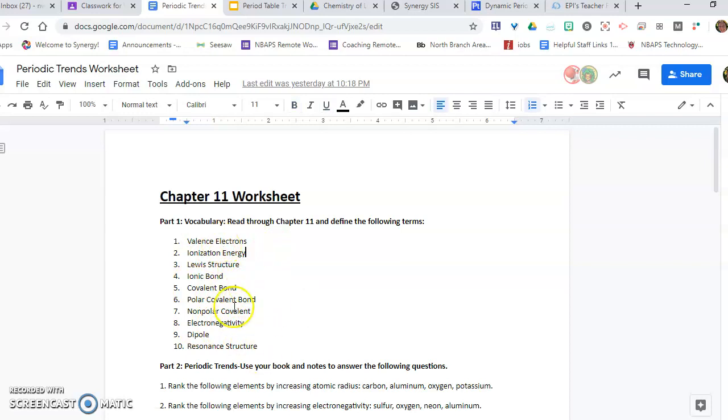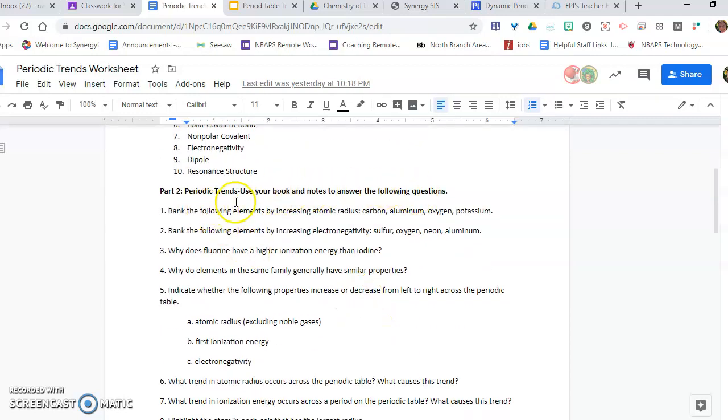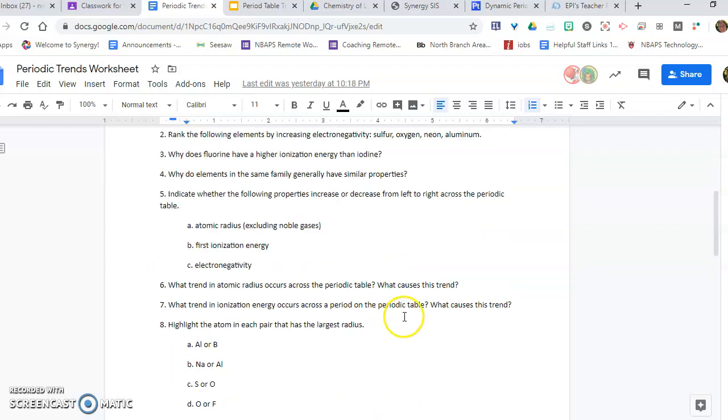So don't worry too much that you can't find those in the notes. You can Google them, you can look them up in the book if you want to. It's chapter 11. The part 2 is using your book and notes. You're going to rank by radius, by increasing electronegativity, ionization energy. You're going to just go through these.